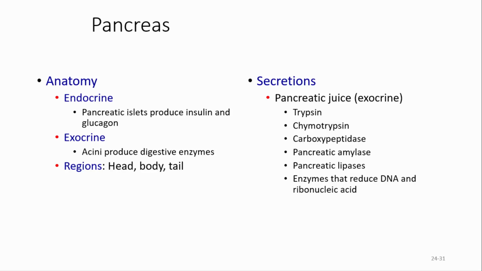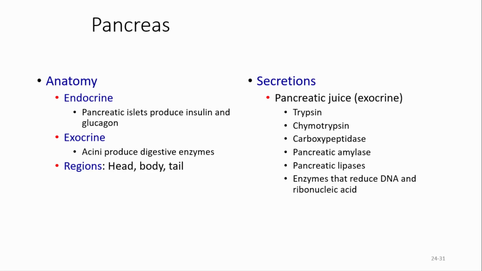Remember, the glucagon goes to your liver and tells it to break that glycogen down into glucose. And then the exocrine function, the acini, or grape-like clusters, are going to produce the digestive enzymes, which we'll look at in just a second.